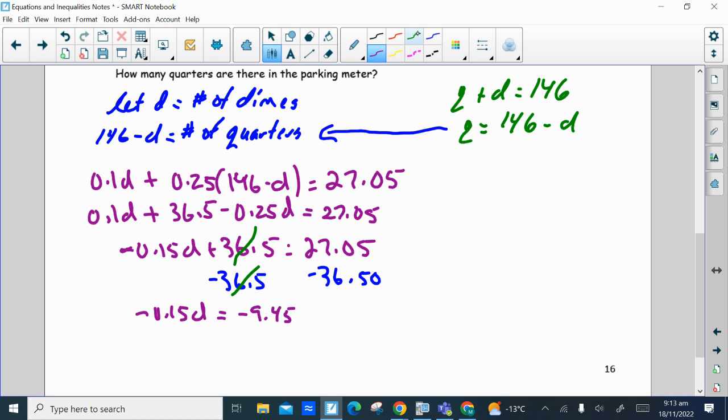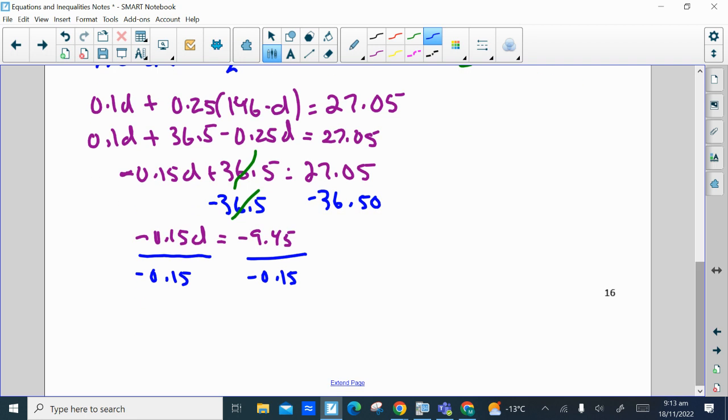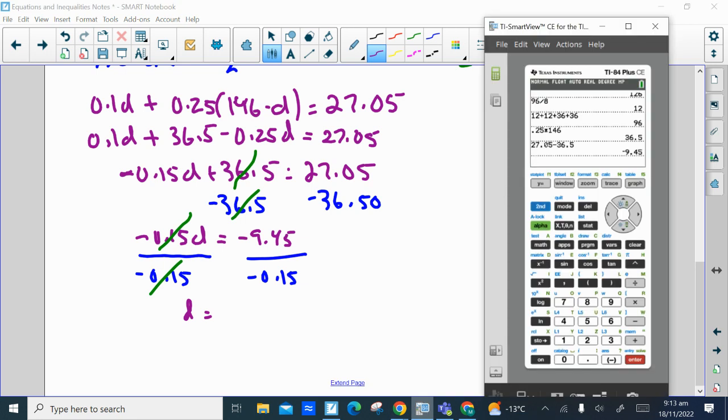And then our final step, we'll divide both sides by negative 0.15. And that will cancel on the left. We have D by itself. And on the right, we'll do that division. And we get 63 for D.